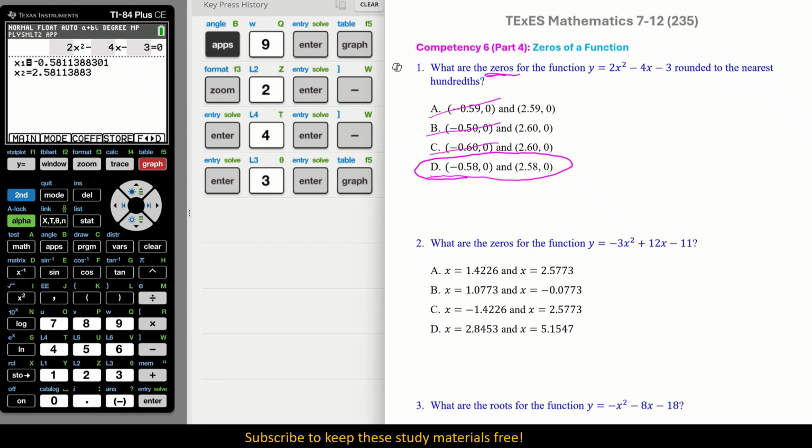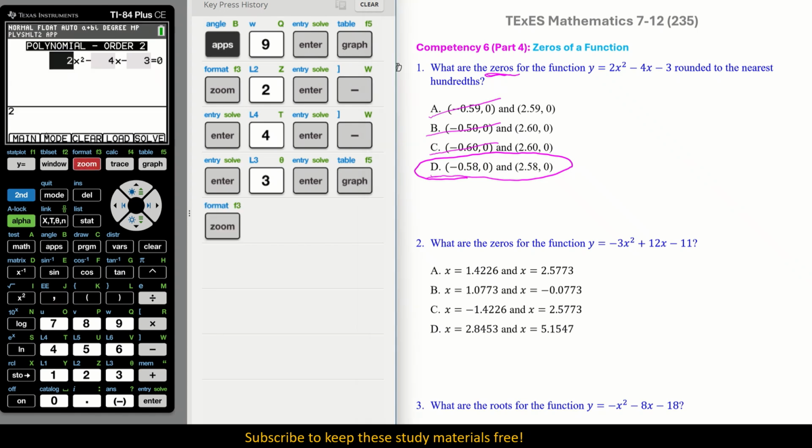All right, so let's enter the next one. It says, what are the zeros for the function y equals negative 3x squared plus 12x minus 11. We're in the middle where we had clear before. Now it's where the zoom is. It says coefficient. Push that, push zoom.